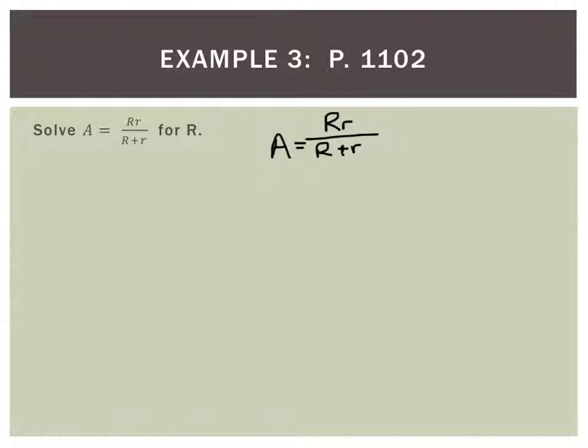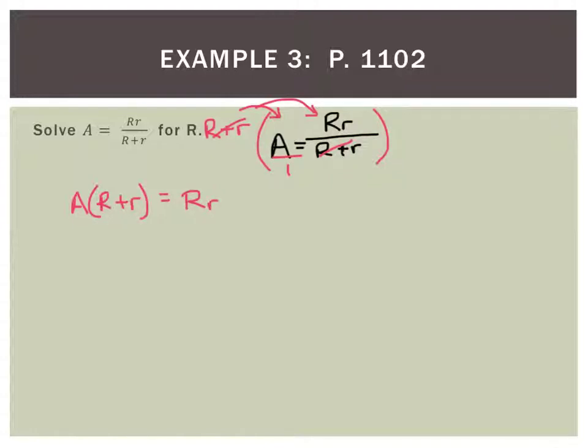Okay, so I'm going to start it the same way by multiplying by the denominator. Remember, A is A over 1, so I'm going to multiply both sides by R plus r. When I distribute that, that's going to be A times (R plus r) equals, and then when I multiply it to this, the R plus r cancels, and it's just capital R times lowercase r.